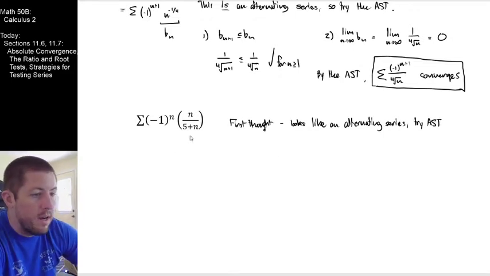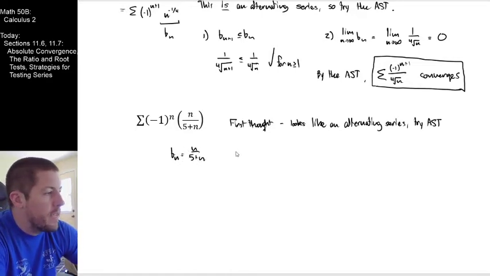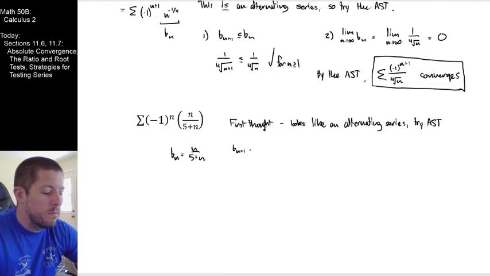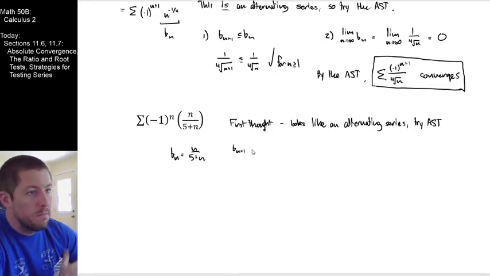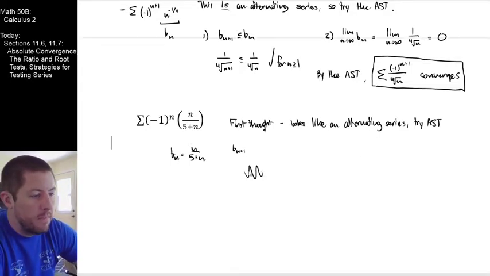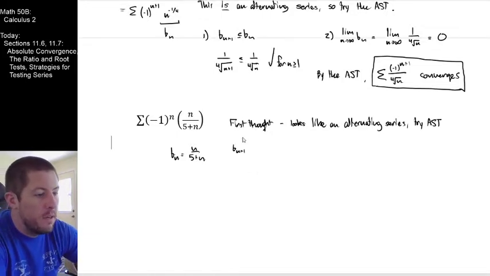In this case right here, it looks like our b sub n is n over 5 plus n. I want to ask myself, is it the case that b sub n plus 1 is less than or equal to b sub n?